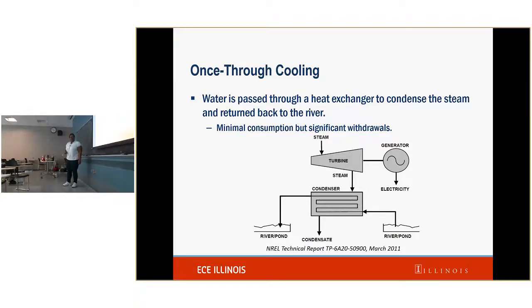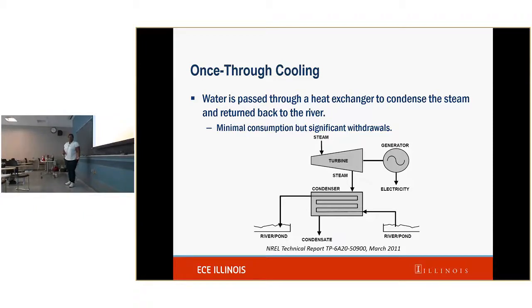And so what you do is you have a river or pond where you bring in cold water to condense that steam and return it back to water. And once you condense the water, you can recycle it back, have the combustion again, and you create steam again for the next cycle.